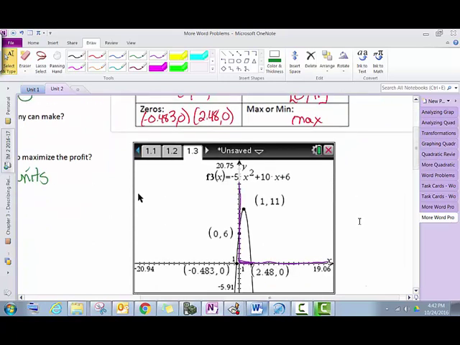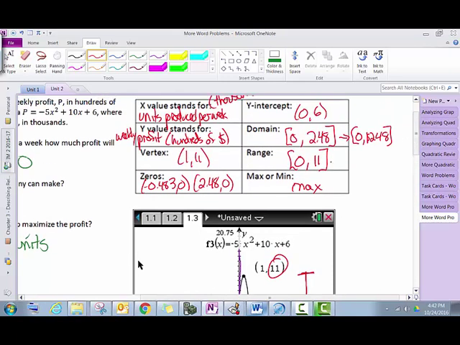Our range, well, again, you can make $0 up to our maximum, so 0 to 11. But again, the y is in hundreds of dollars, so it's actually 0 to $1,100. So notice that we don't have infinities anymore like we did before.